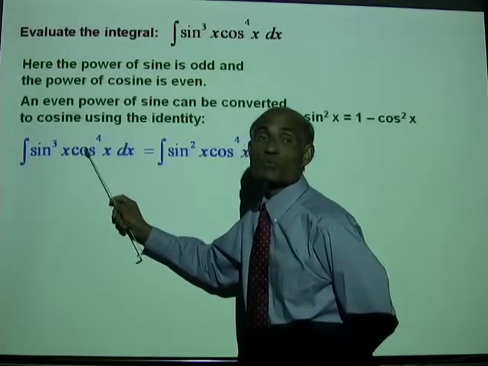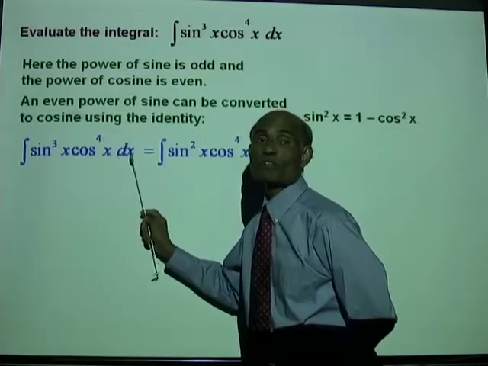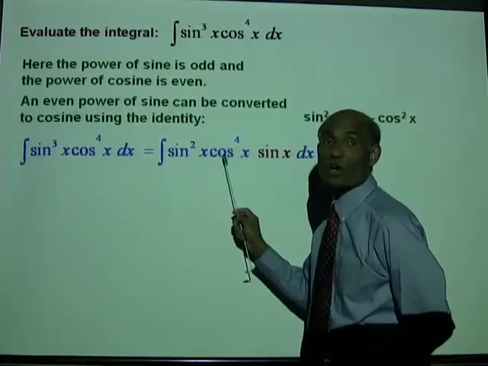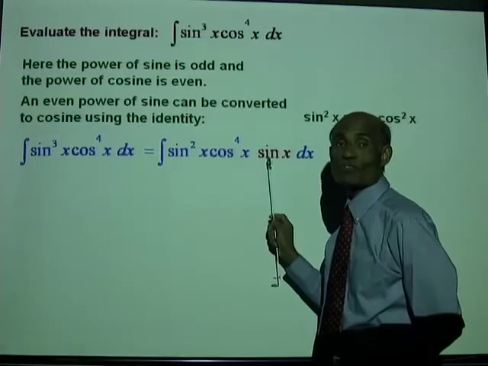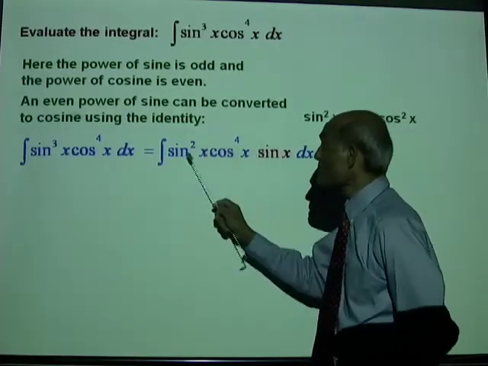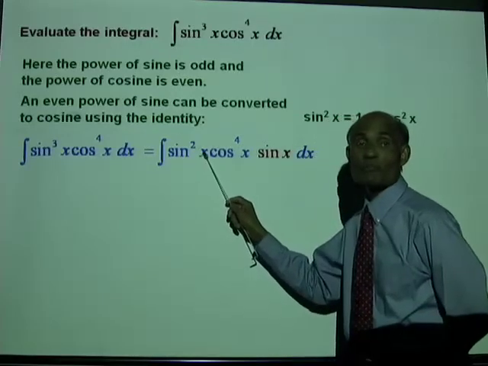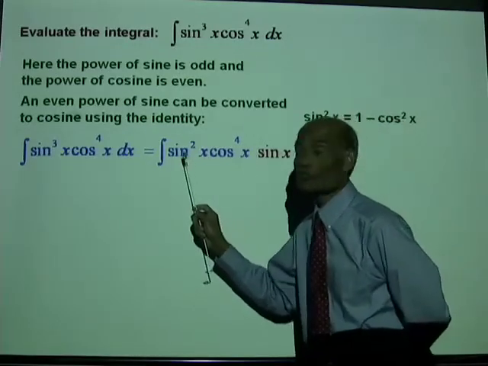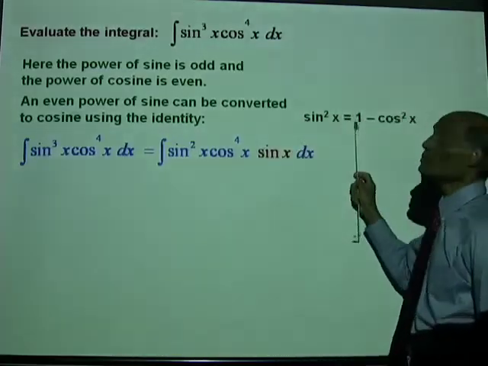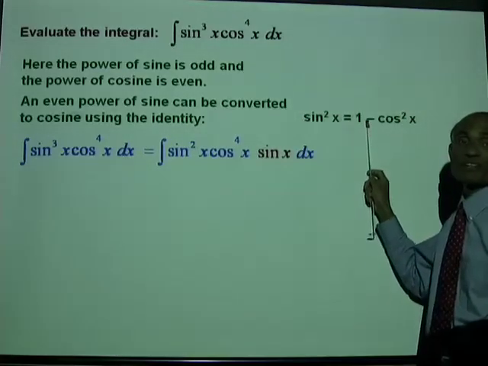Integral sin cube x cos to the power of 4x dx is integral sin squared x cos to the power of 4x times sin x dx. You understand the rationale before writing this? Yes, because this sin squared x can now be changed to cos squared x using this identity.